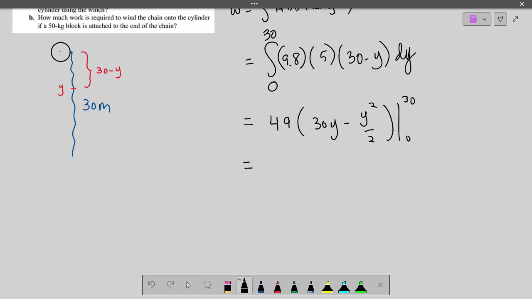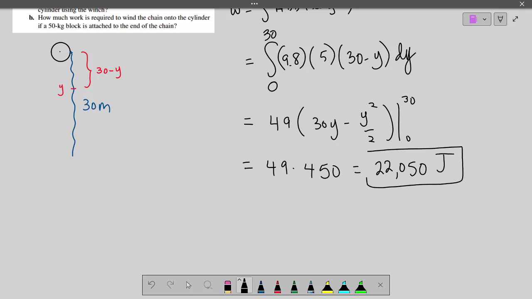Half of 900 is 450. So then we multiply 49 times that. 22,050. So there's our work done.